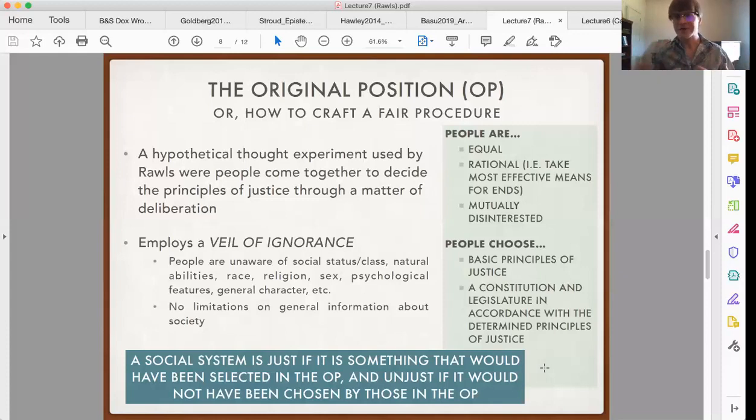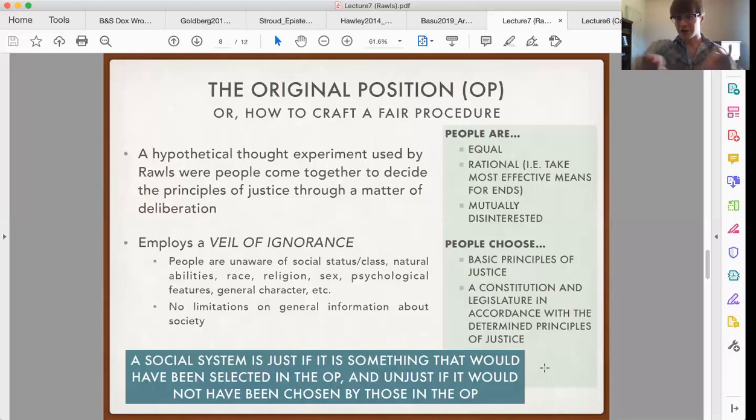The veil of ignorance is this idea that everybody who puts it on forgets their gender, forgets their socioeconomic status, forgets their race, forgets their natural abilities, their psychological features, all of these different things, right?